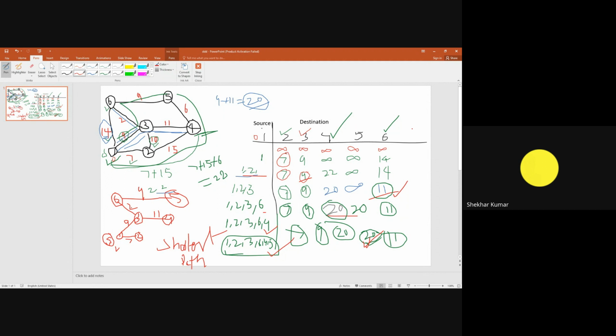Once the algorithm has retrieved the shortest path from the source to the destination, the node is marked as visited, and we have included that path in this graph.